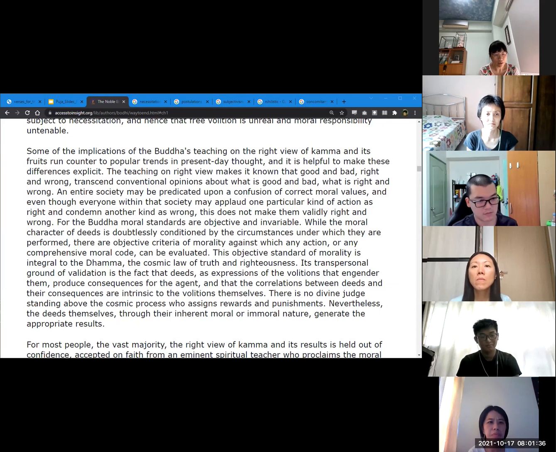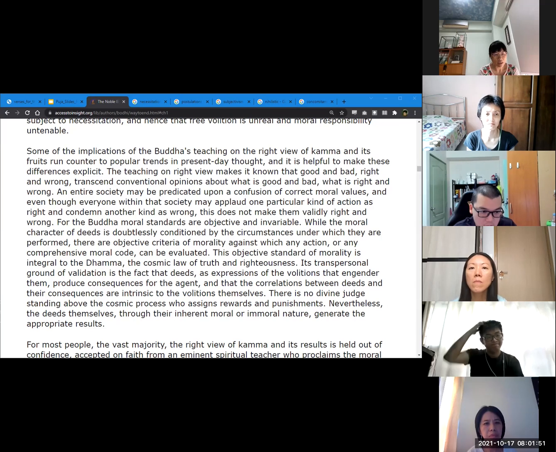While the moral character of deeds is doubtlessly conditioned by the circumstances under which they are performed, there are objective criteria of morality against which any action or any comprehensive moral code can be evaluated. This objective standard of morality is integral to the Dhamma, the cosmic law of truth and righteousness.